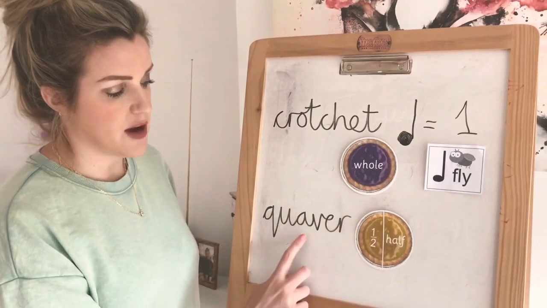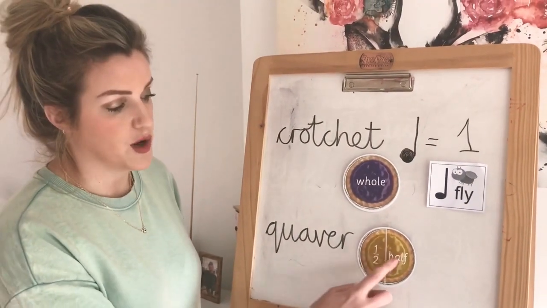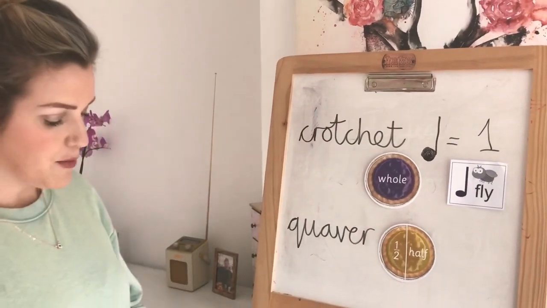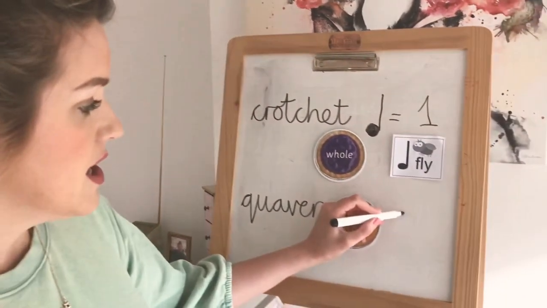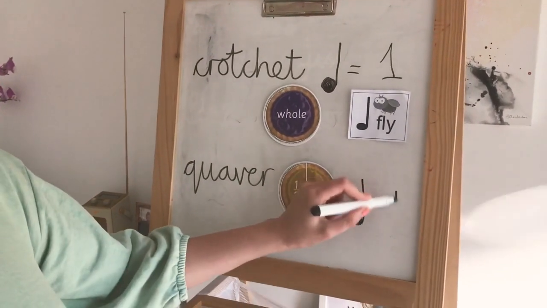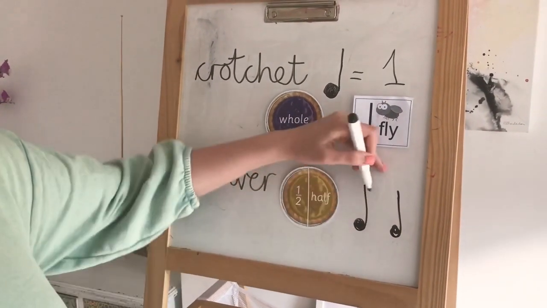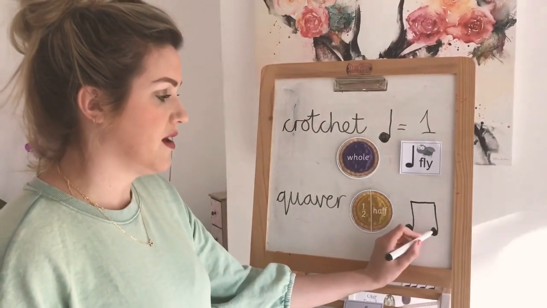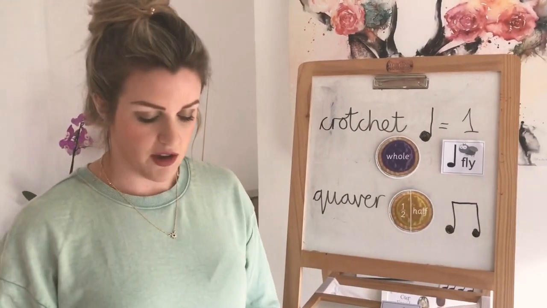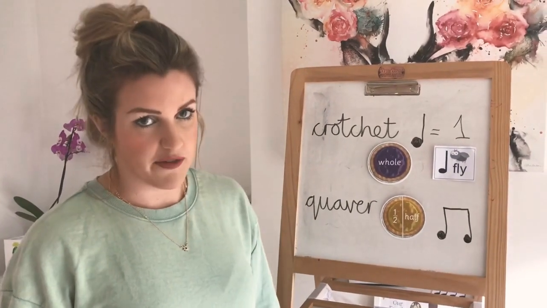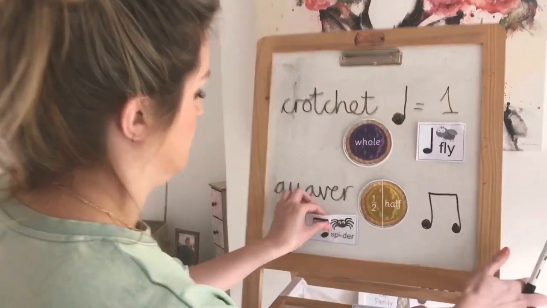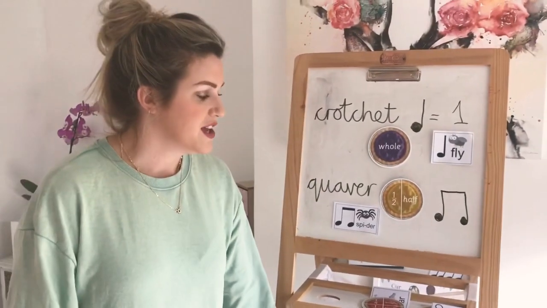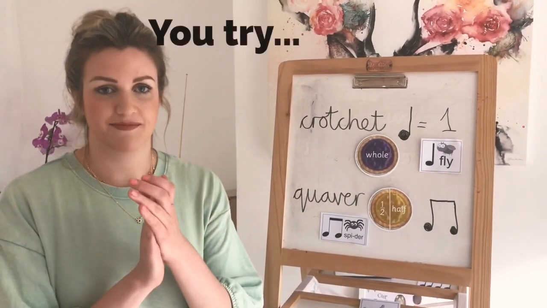So there are 2 quavers in 1 crotchet. We write quavers like 2 crotchets, but we join them together. And the insect that we use is, I don't really like this one, I have to admit, spider.